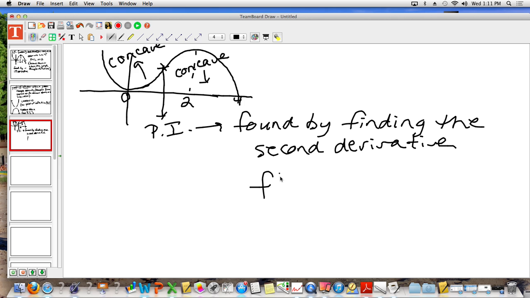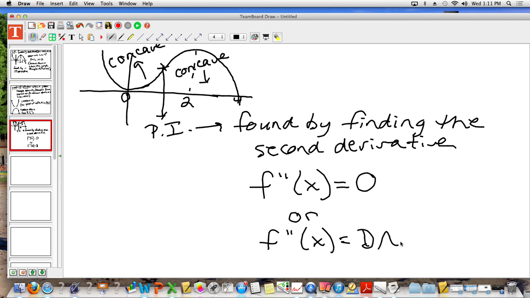Now, if the second derivative of x is equal to 0, you have a point of inflection. You also have a point of inflection if the second derivative doesn't exist.